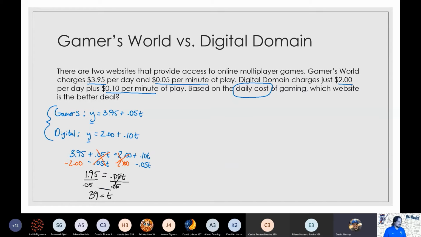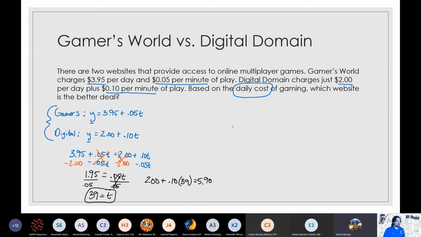So I'm going to take this t equals 39, and substitute it into the y equals 2 plus 0.1t equation, the digital domain equation, quite frankly because it's dealing with simpler numbers. That's why I'm choosing it. So we'll say 2 plus 0.10 times 39. Put that in our calculator. We get 5.90.